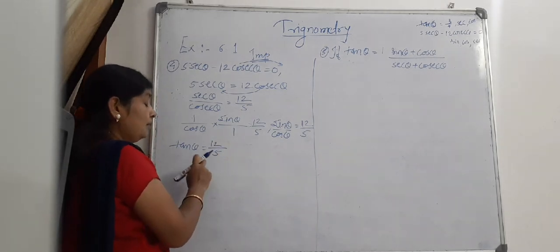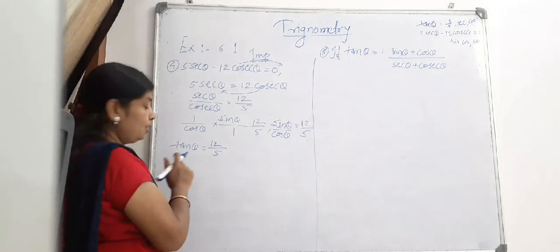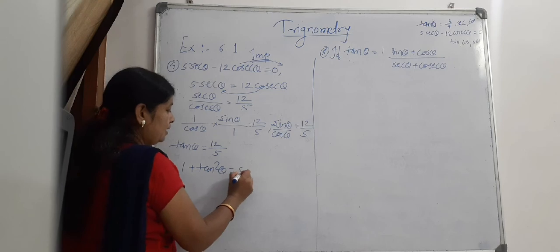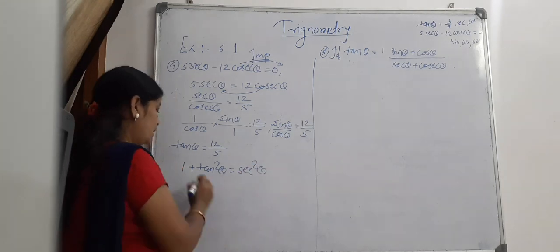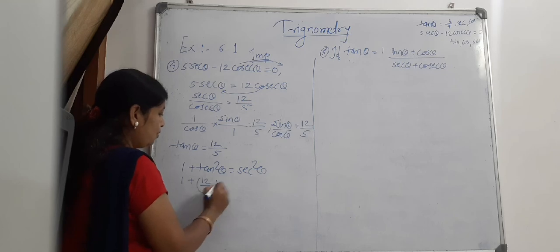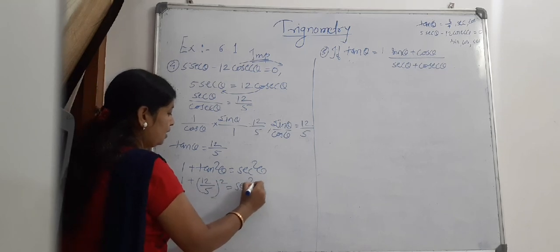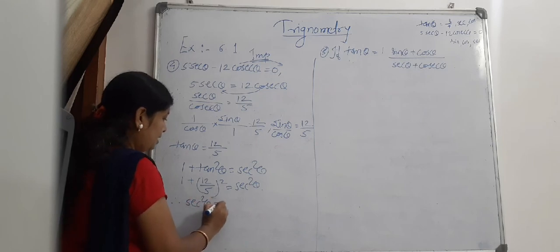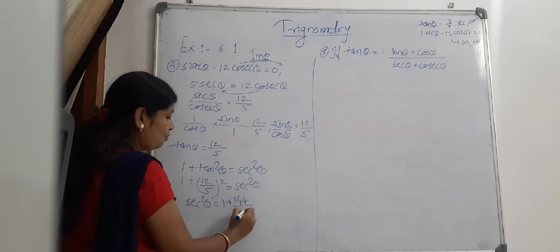Now if tan is given, which identity can you use? 1 plus tan square theta is equal to sec square theta. Now 1 plus (12 upon 5) square is equal to sec square theta. So sec square theta is equal to 1 plus 144 upon 25.